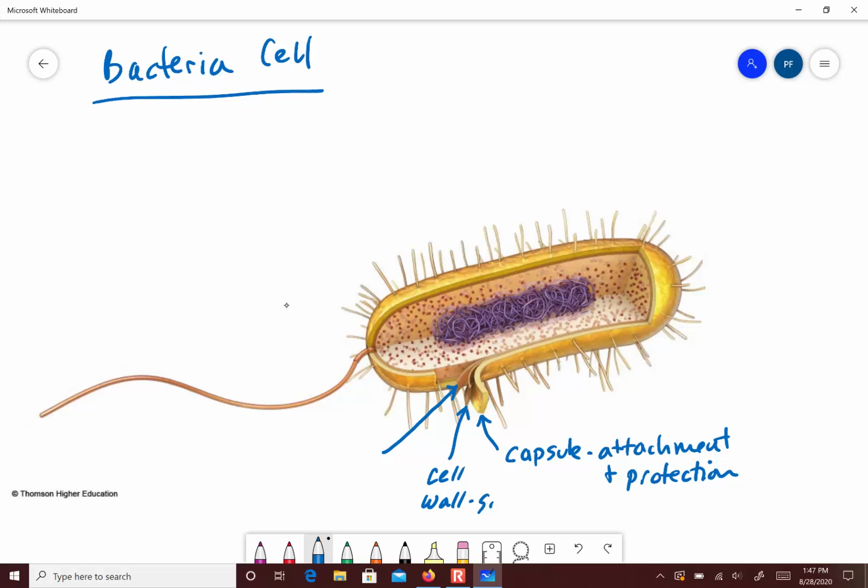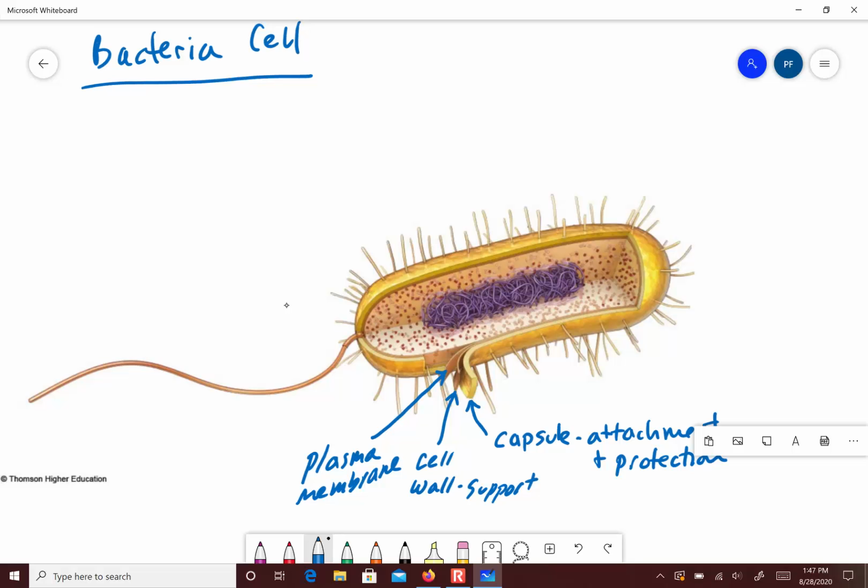And the cell wall is primarily there for support. And then the inside boundary layer is the plasma membrane. So the plasma membrane is going to regulate what gets in and out.